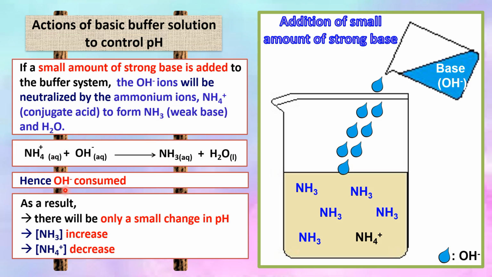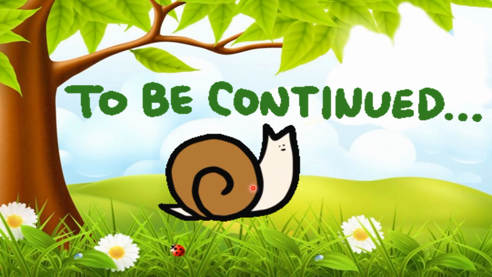Hence, the added OH minus ion is consumed. As a result, there will be only a small change in pH. The concentration of NH3 will increase and the concentration of NH4 plus, the ammonium ion, will decrease, because the added OH minus ion reacts with the ammonium ion and produces ammonia.